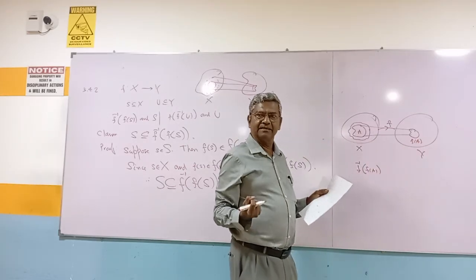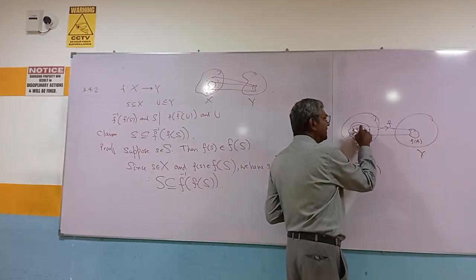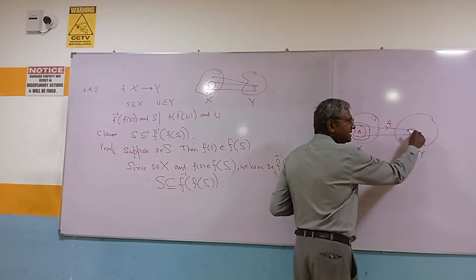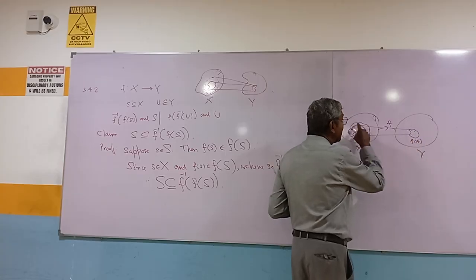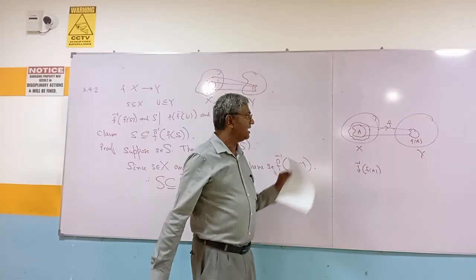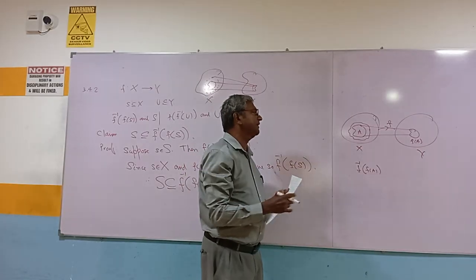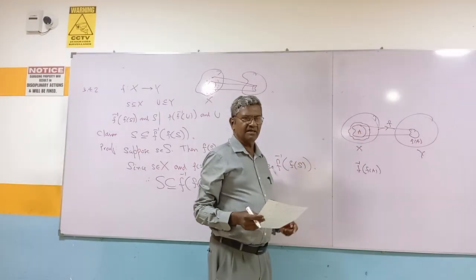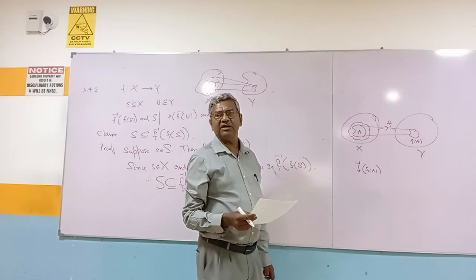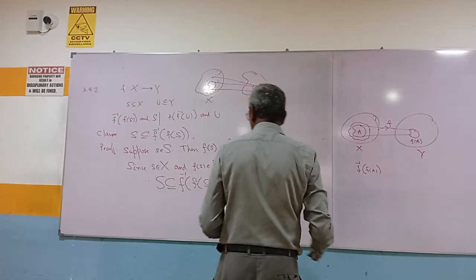You have to feel it. When you take the image of A, there may be other things going to F of A, outside A. So F inverse of F of A always contains capital A. Okay, now let's go to the other one.